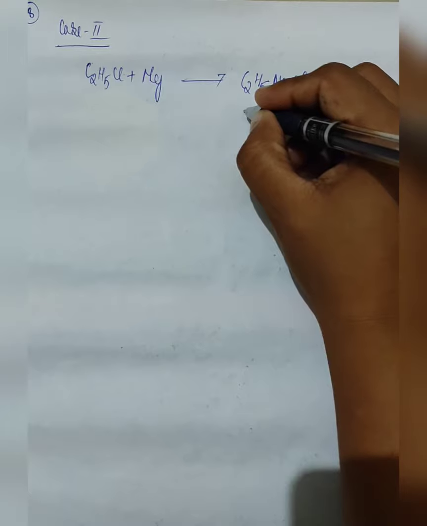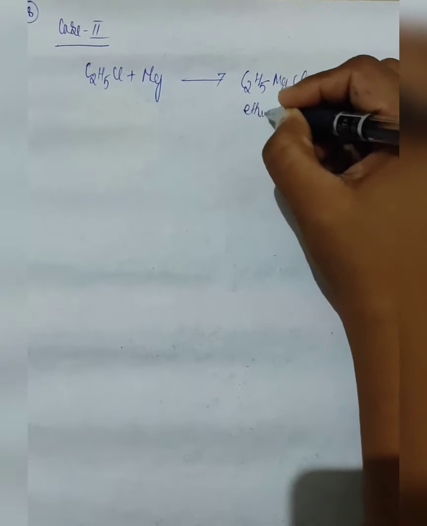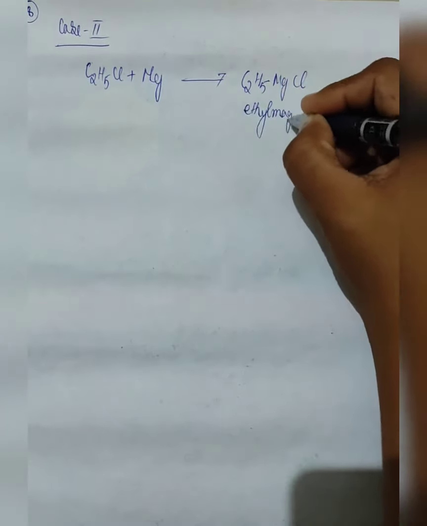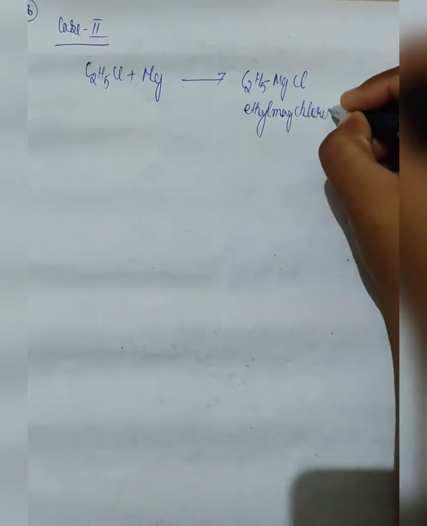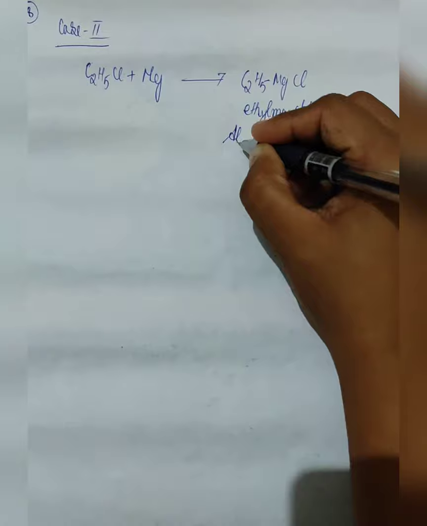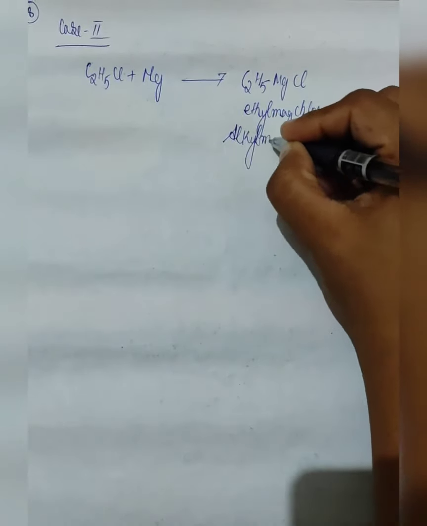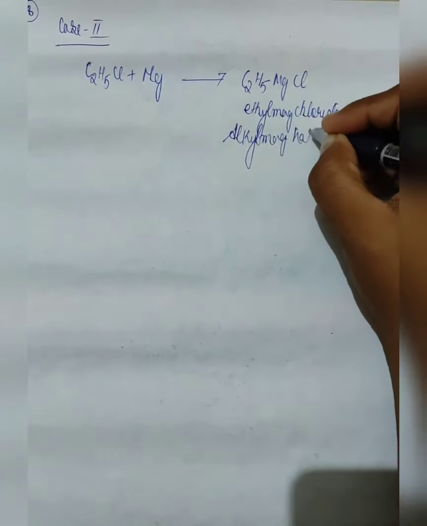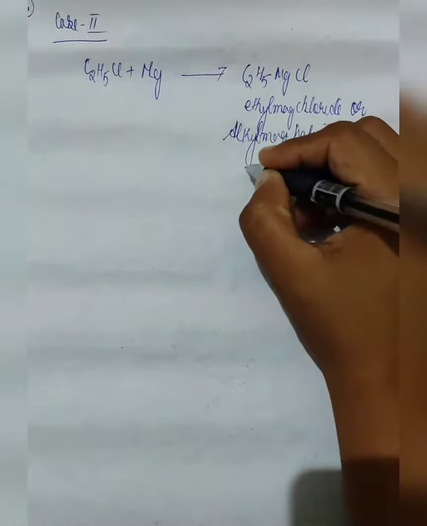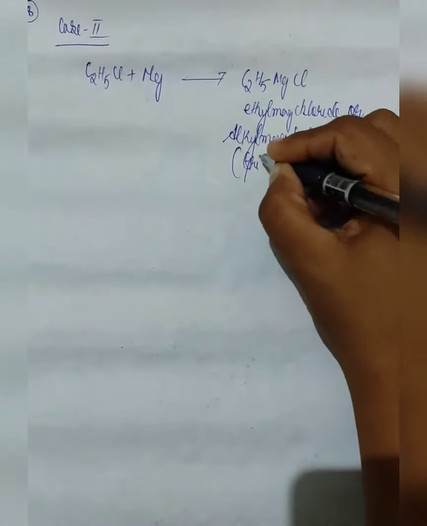This is known as ethyl magnesium chloride or alkyl magnesium halide, or famously known as Grignard reagent.